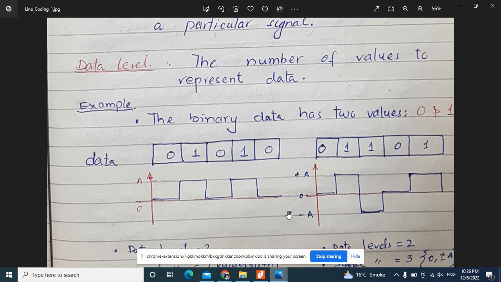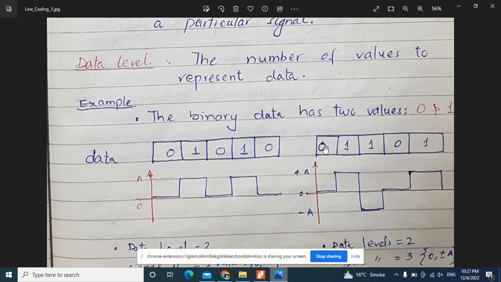So two data levels, 0 and 1, and two signal levels, 0 and positive A. But in the second example, you again have 0, 1, 1, 0, and then 1, but you can represent this type of data with another signal level set: positive A, 0, and negative A. So 0 represents 0 level, 1 represents 1, the next one represents negative A, then 0 represents 0, then 1 represents 1.